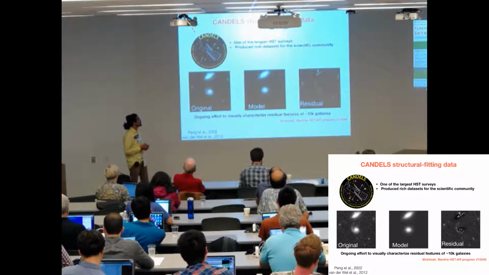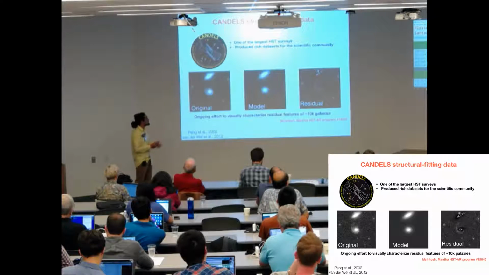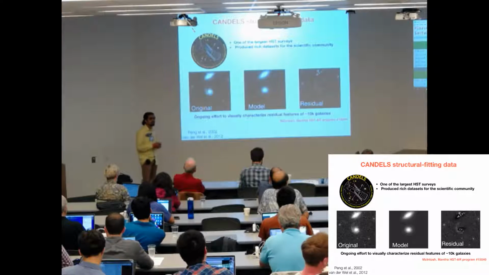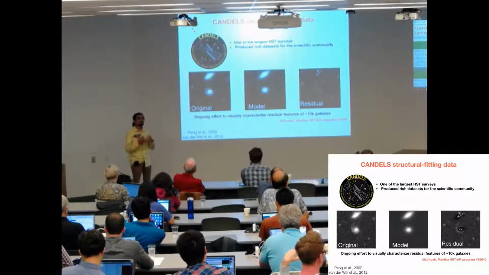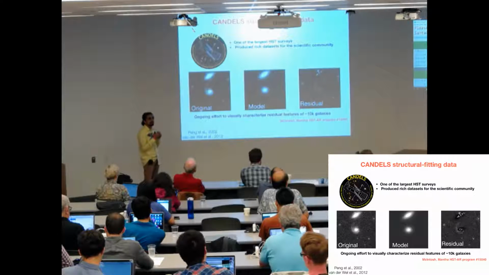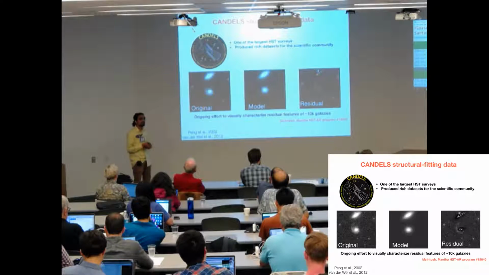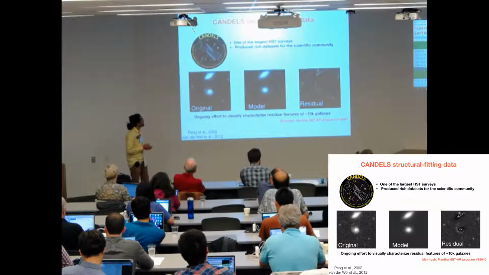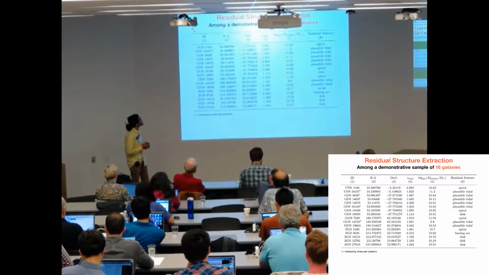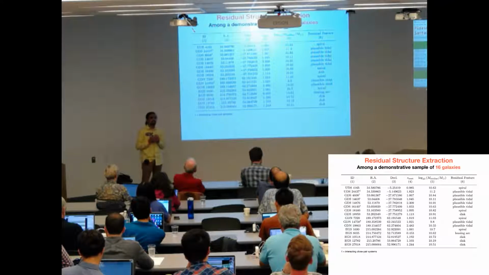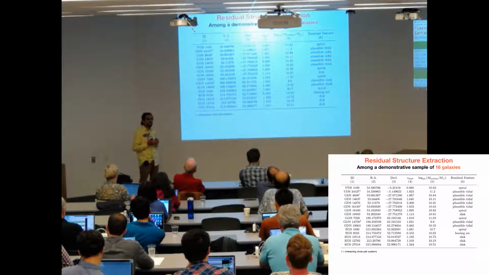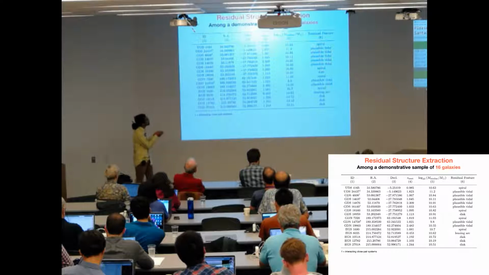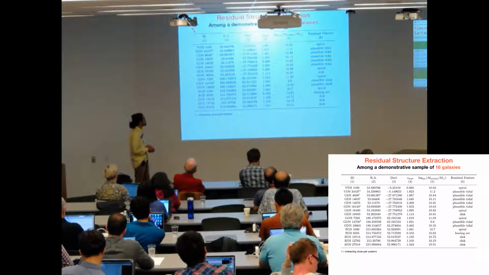We are leading an effort at UMKC to visually characterize different types of residual structures hosted by these massive CANDLES galaxies over a redshift range of 1 to 3, with which a lot of people here are also involved. What I'm going to do is emphasize the structure extraction in residual images for a sample of 16 galaxies that host different kinds of residual features shown in this table in column 6.